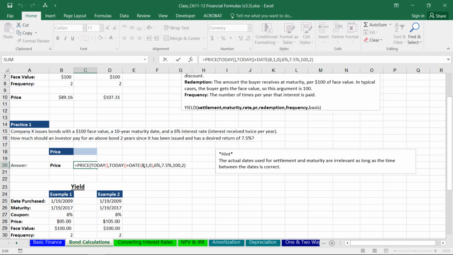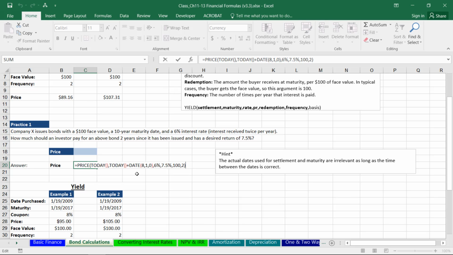Now notice I had to put in 1 under month. That's on January 1st, 8 years later. What if it had been 8.5 years? What would I have done? I would put in 8, 7, 0, or 8, 6, 30. Either one would be 8.5 years later.